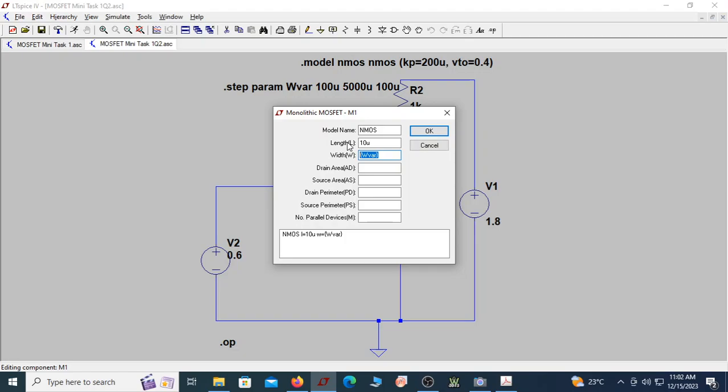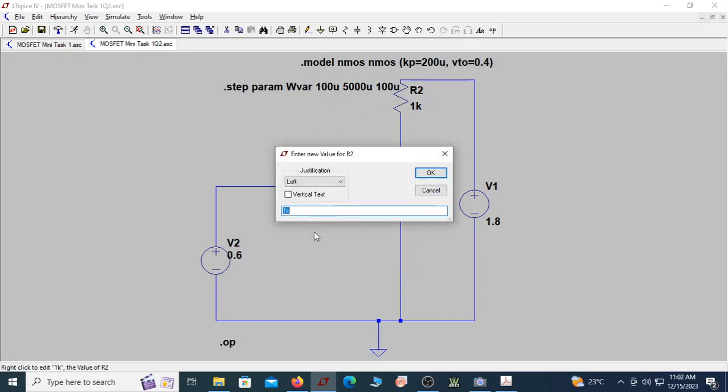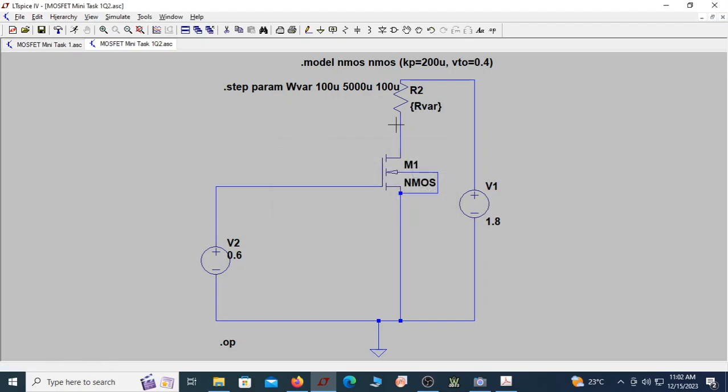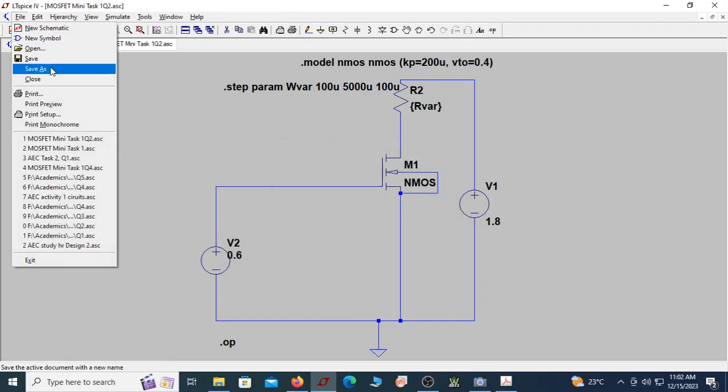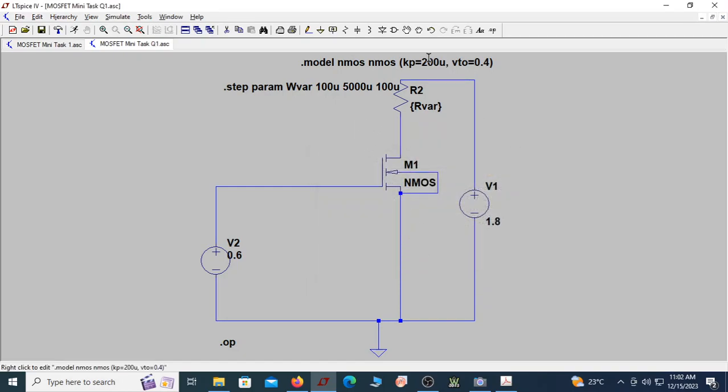W by L was 25, now that is 10, so this should be 250 micro. So this will become the W by L of this one, and let me make this a variable, some RVAR. Let me save it as question number 1 to 1.